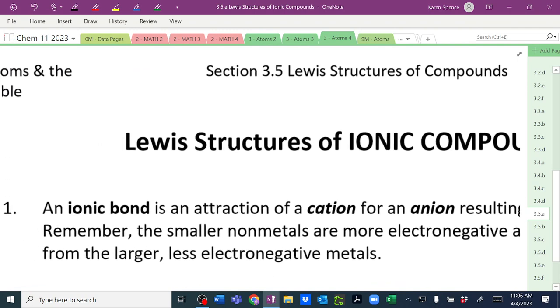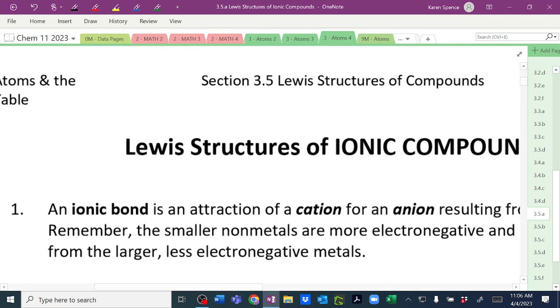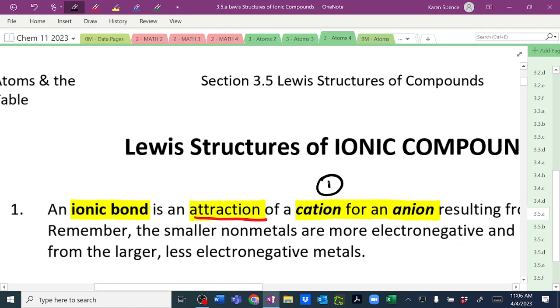Now, just a little reminder here, an ionic bond is the attraction of a cation for an anion. So, if I have a cation and I have an anion, positive and negative attract.